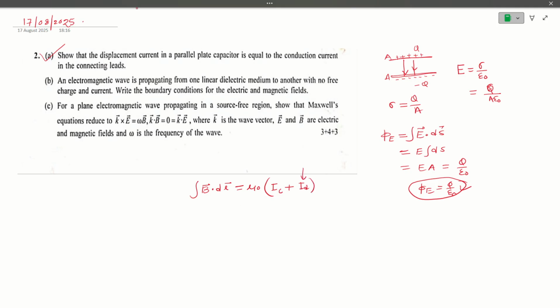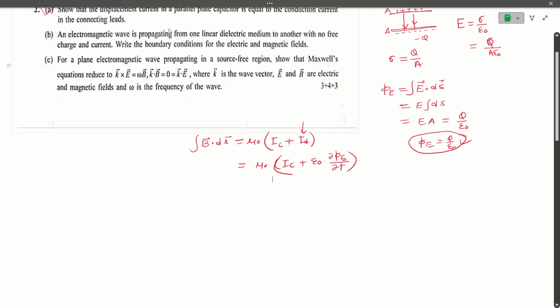Here the displacement current is epsilon naught times del phi E divided by del t. So this is the expression of Ampere's law after Maxwell correction.